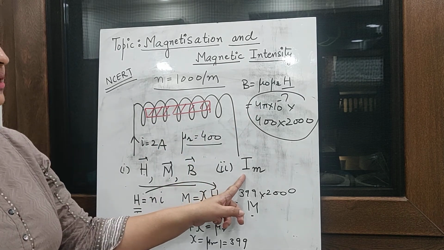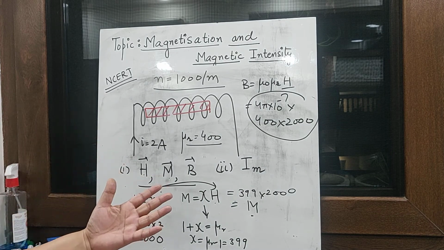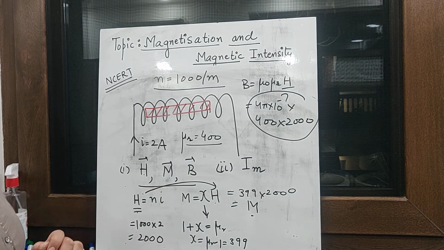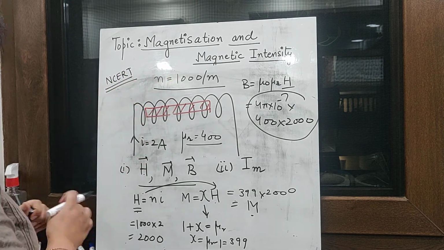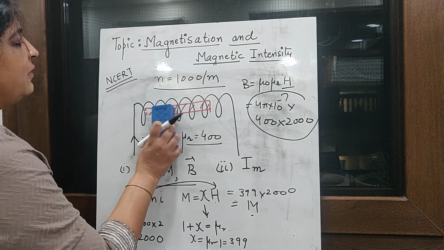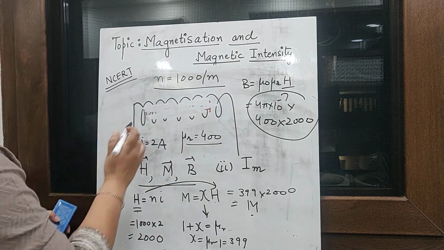Now the second part is how to find the current of magnetization and what we really mean by it. What he wants to ask you is, let us say you remove this core. Okay, so you have an air core solenoid.